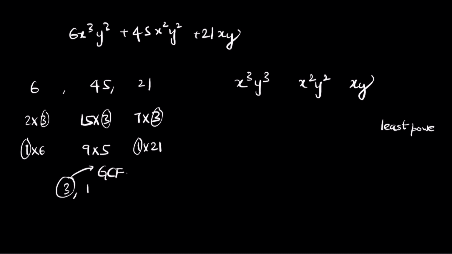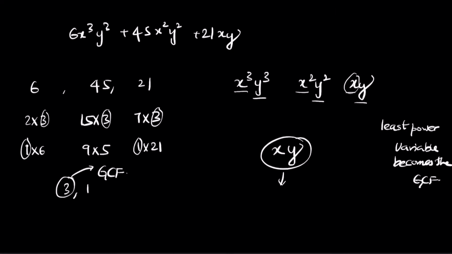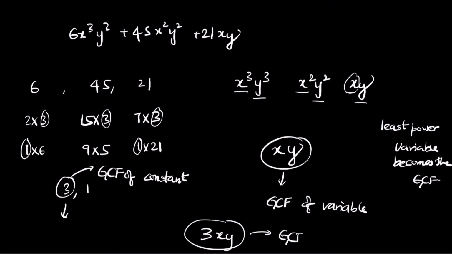For example, take x cube, x square, and x. Among them, the least power is x. Next, y cube, y square, and y. The least power is y. So xy is the GCF of the variables, and 3 is the GCF of the constants. Now combine both of them: 3xy. This is the GCF of the expression.